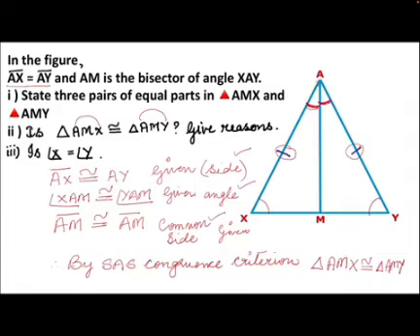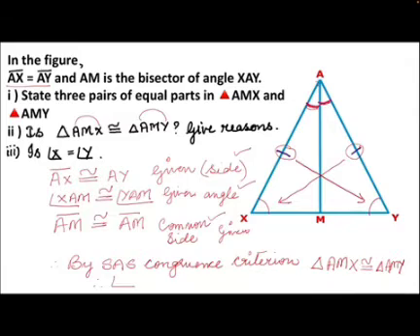Children, since the two triangles are congruent, definitely all the remaining parts will be congruent to each other. Also, there is one more reason. If you recall, we last time learned that angles opposite to equal sides are equal. The equal sides are AX and AY, is it not? So, angles opposite to the equal sides are equal.